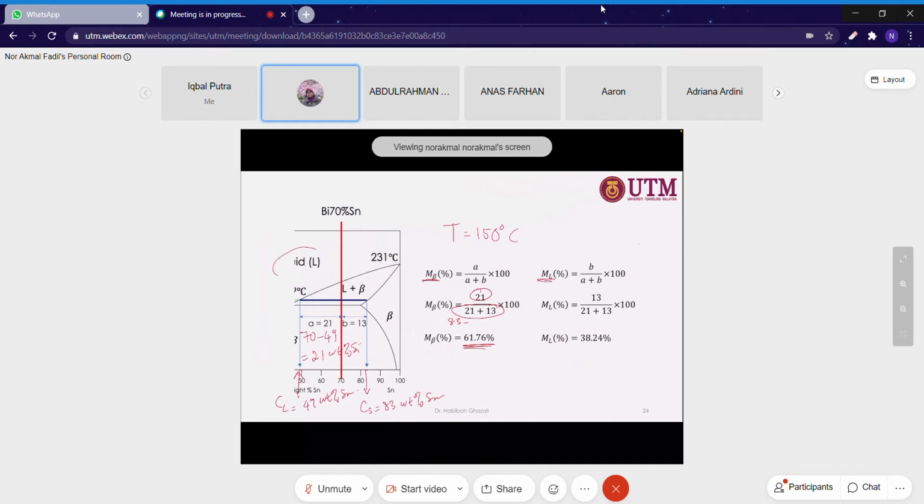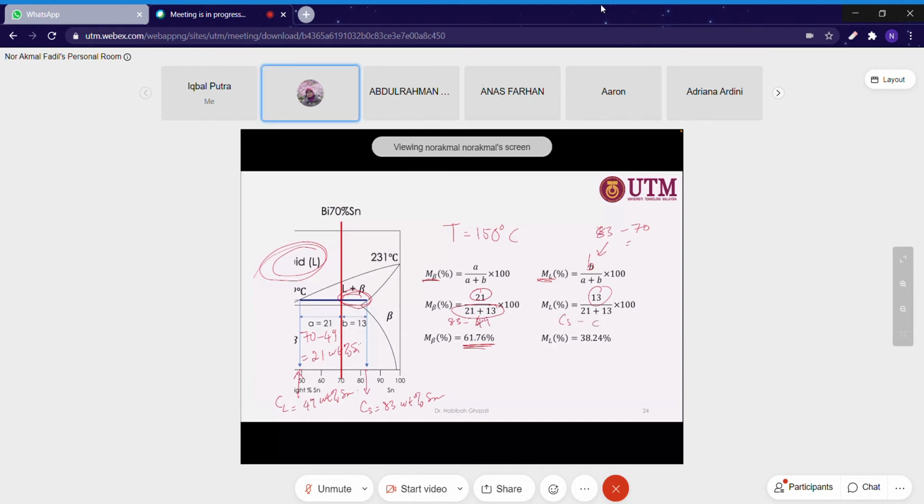So liquid is on the left side, so you need to take the length on the opposite side, which is B. How do we get B? B is 83 minus 70, so we got 13, over the total length, which we measure as 83 minus 49, CS minus CL.